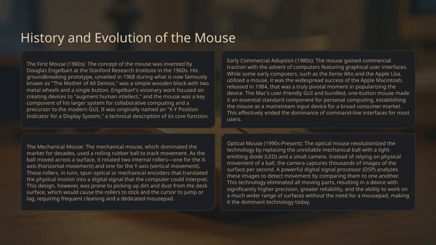Plus, it could work on a wider variety of surfaces without needing a mousepad, making it the dominant technology we still see today. So, from those early wooden prototypes to the sophisticated optical devices, the evolution of the mouse reflects a continuous push toward more precise, reliable, and user-friendly interaction with our computers.